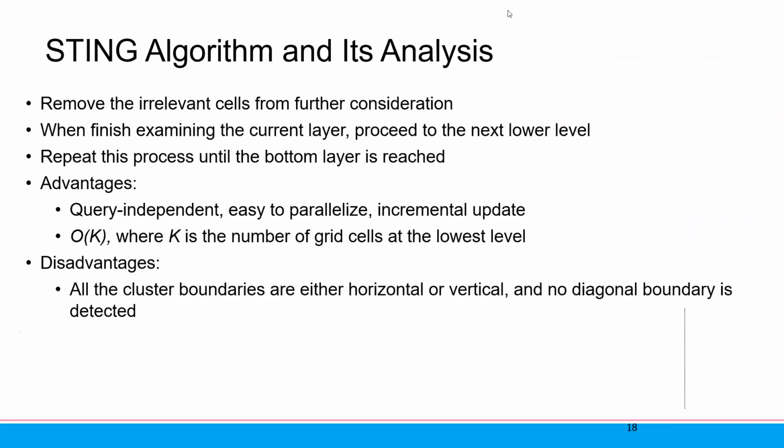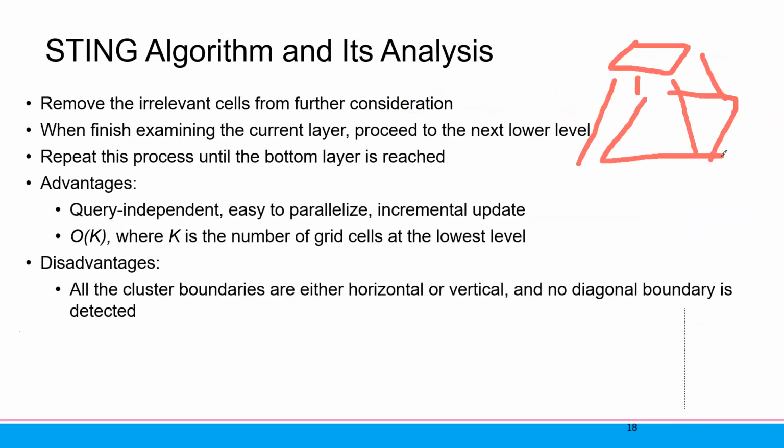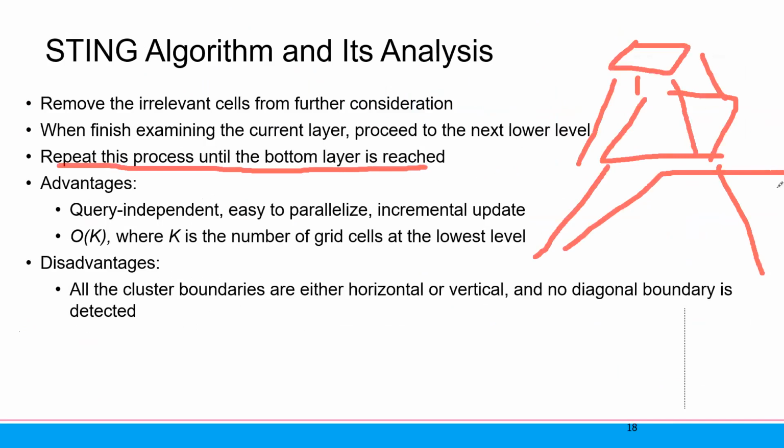The assumption is that if we have the higher level, we can go to the lower level. Repeat this process until the bottom layer is reached. You can again check the bottom layer. Usually you cannot focus on every cell. You can just select some cells like this one, and then you can make the lower layer.